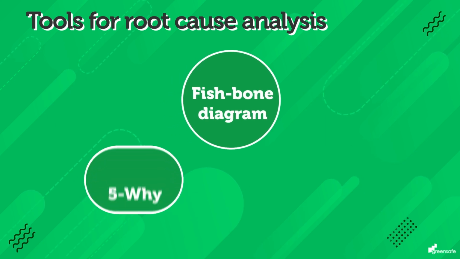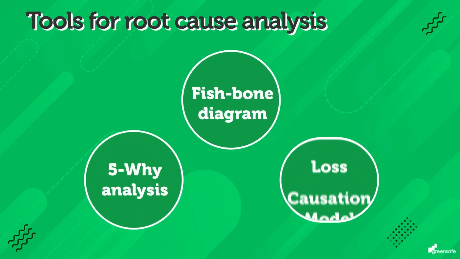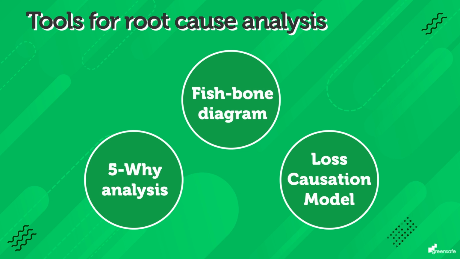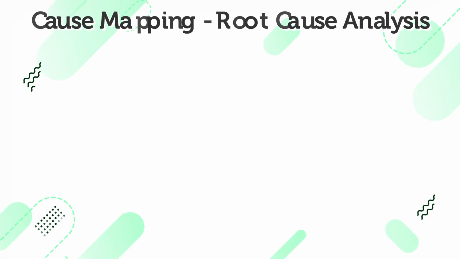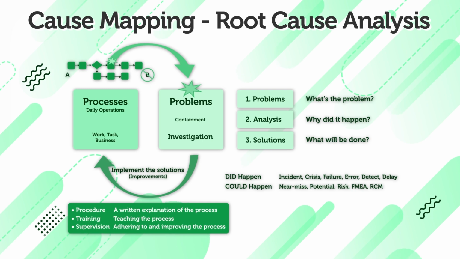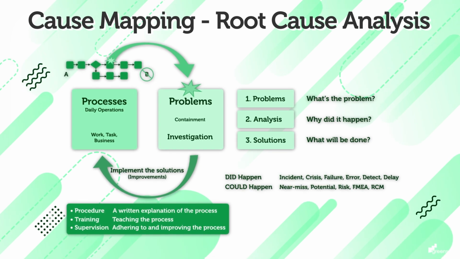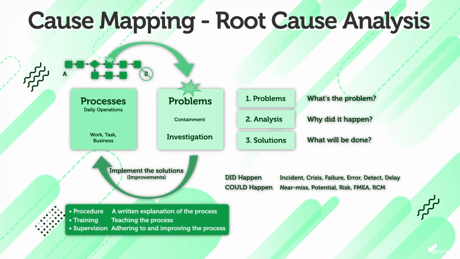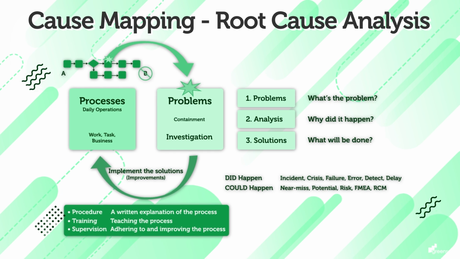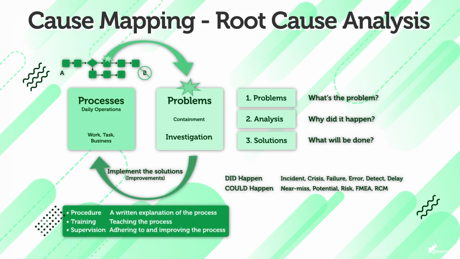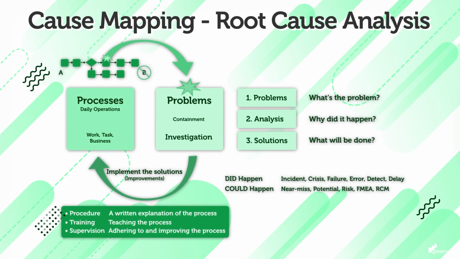The other 2 are the 5 why analysis and the loss causation model. There is also another method called the cause mapping method. The crux of this method lies in identifying the problem, analyzing its nuances, and then finding solutions for it.